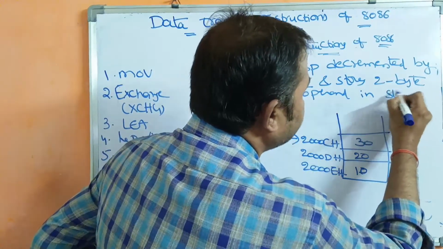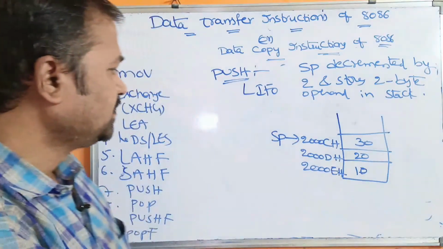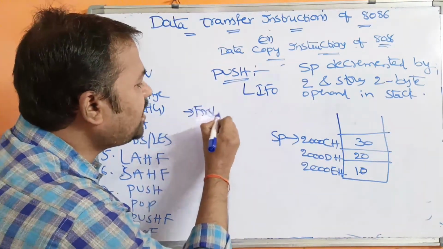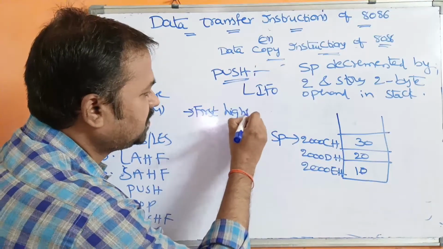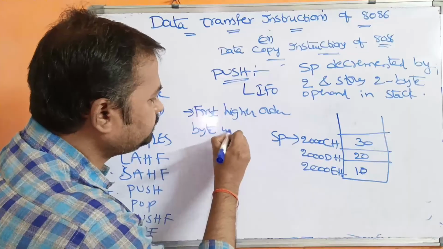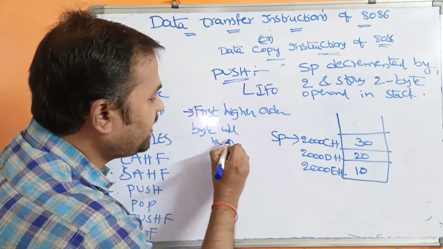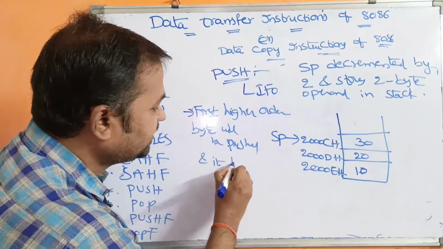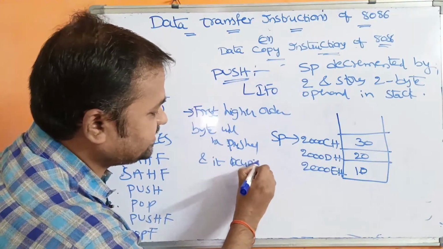First the higher order byte will be pushed, and it occupies the high address.